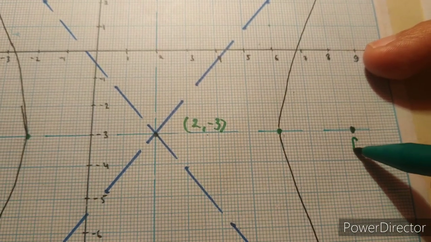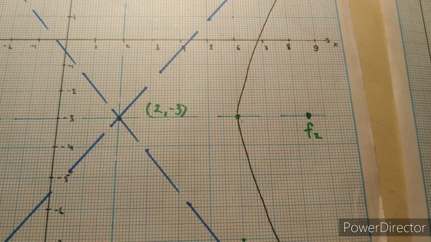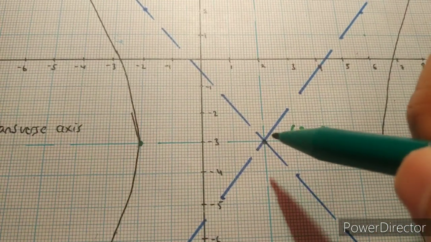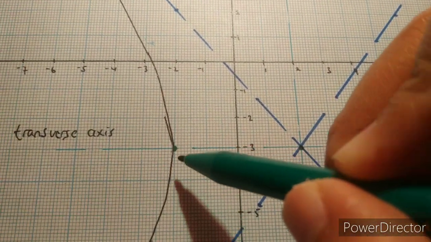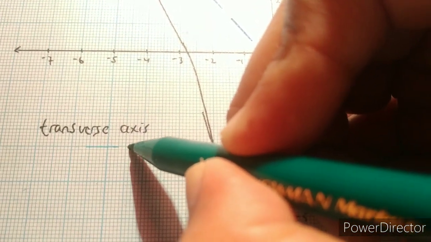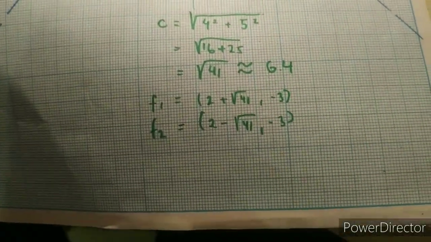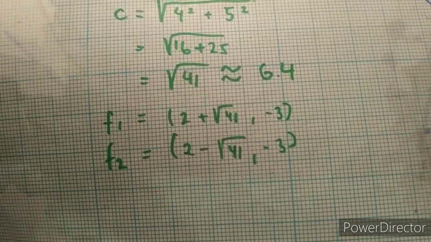Okay, this is focal point 2. Then 6.4 to the left, around here. So this is your focal 1. And these are the coordinates in radicals.